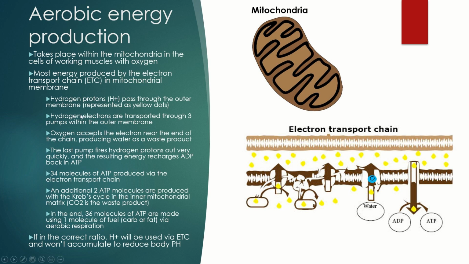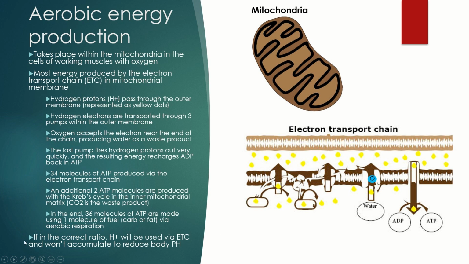So these are the hydrogen protons, which fuel most of aerobic respiration, 34 of the 36 ATP molecules that are made. Those are produced with anaerobic energy production, anaerobic glycolytic.